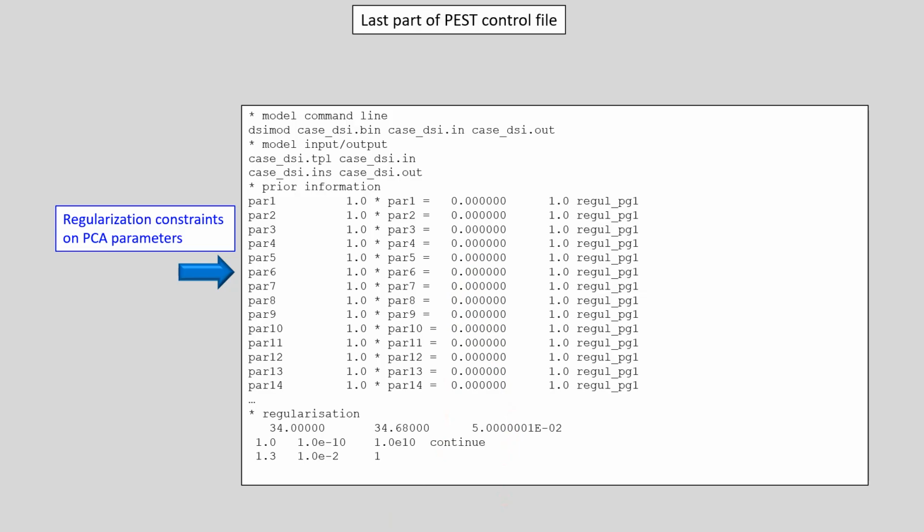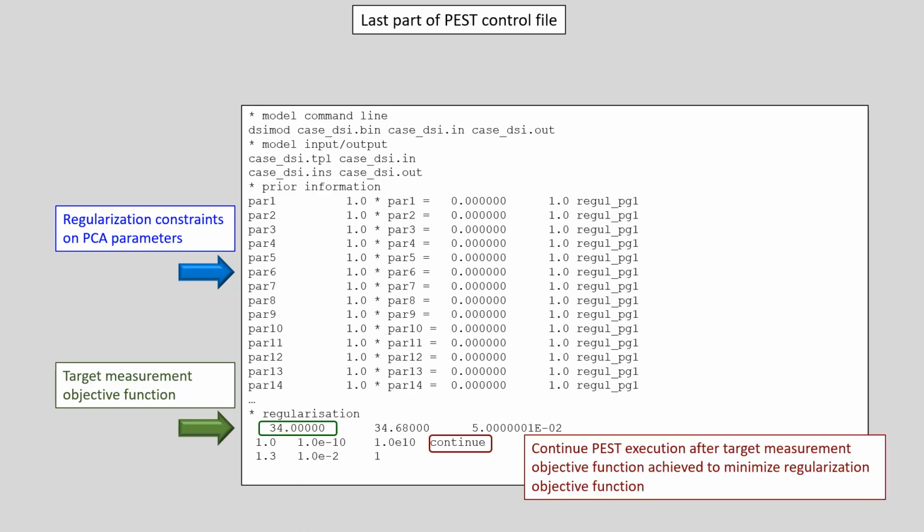The regularization section informs PEST the target measurement objective function, in this case 34, and that if PEST is able to achieve that target measurement objective function, it should continue in its work until the regularization objective function is as low as it can be. Because the surrogate statistical model runs so quickly, continuing PEST execution in this manner costs us virtually nothing.